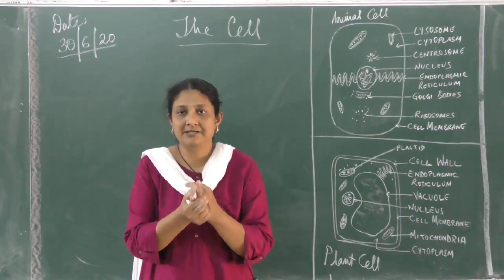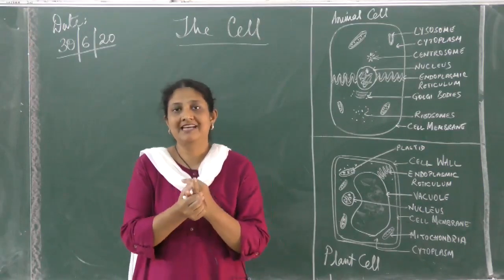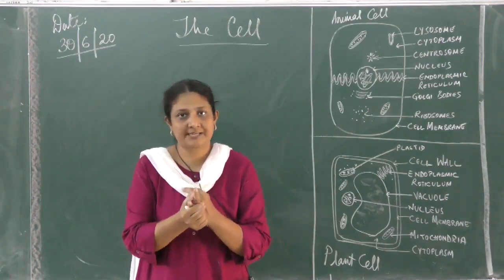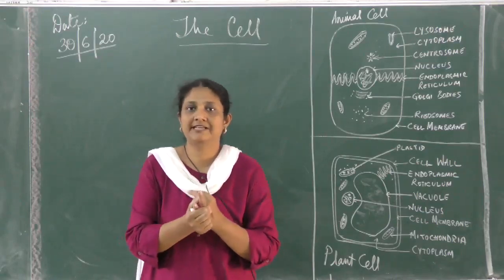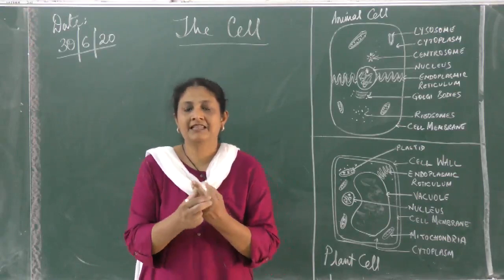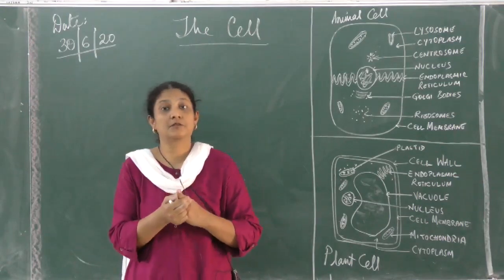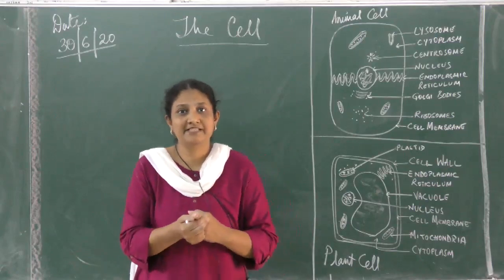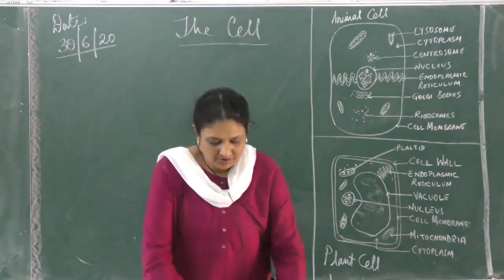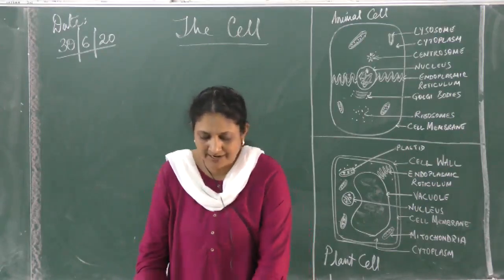Then you have the cytoplasm, which is the site where all the life functions take place. All the work of a living organism actually takes place inside a cell. And then we have the nucleus, which is called the boss of the cell because it controls all the activities of the cell.